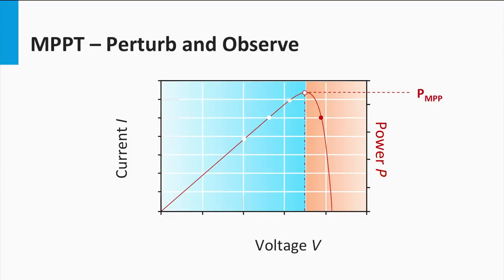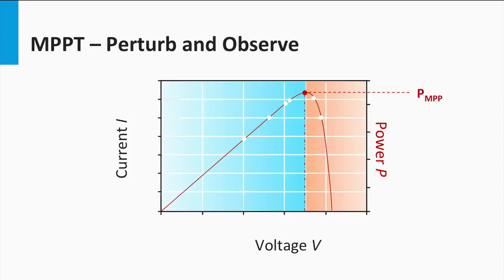Conversely, if the increase in voltage leads to a decrease in power, this means that the current operating point is to the right of the maximum power point, and hence further voltage perturbation is required towards the left to reach the maximum power point. In this way, the algorithm converges towards the maximum power point over several perturbations.